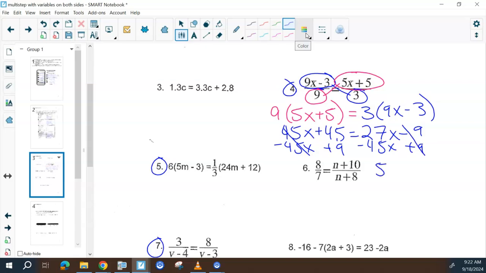I'm left with 54 equals, what is that? Negative 18 again. And then divide both sides by negative 8. So x equals negative 3.